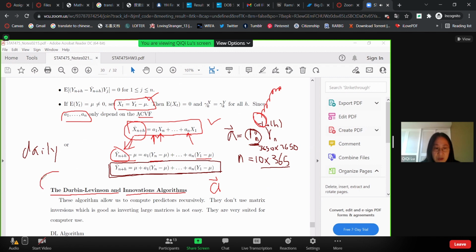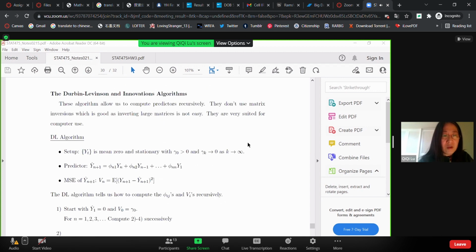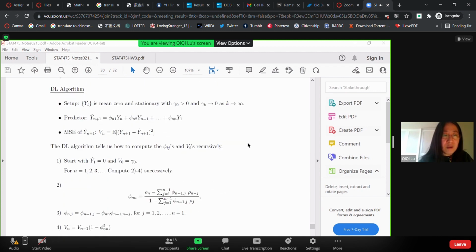We can use these two algorithms to compute the predictions recursively, so we don't need to calculate the inverse of a big matrix gamma n. So, the two algorithms. The first one we call the DL algorithm.